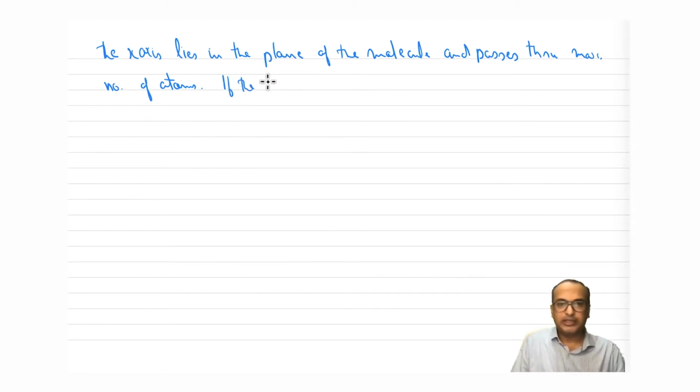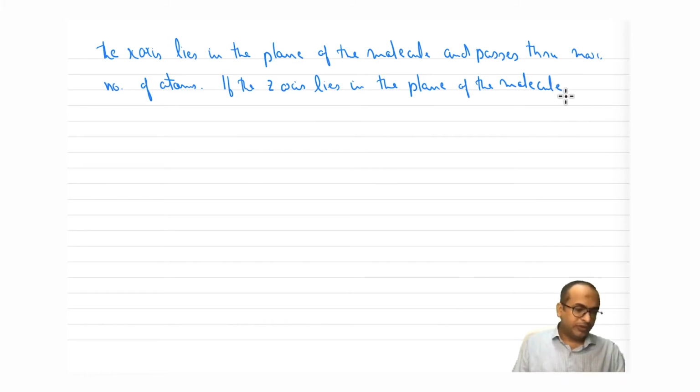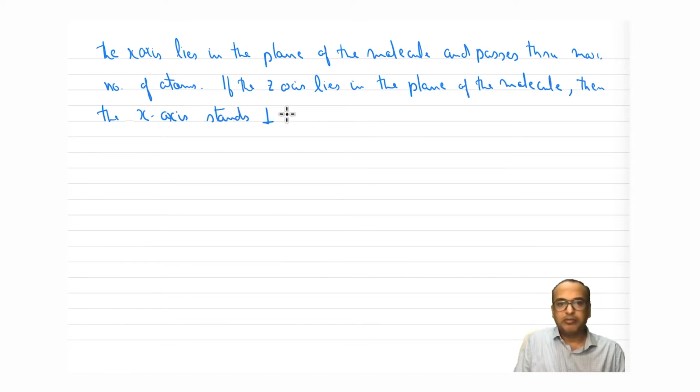If the z-axis lies in the plane of the molecule, which can also happen, we'll see an example shortly after this, then the x-axis stands perpendicular to the plane.